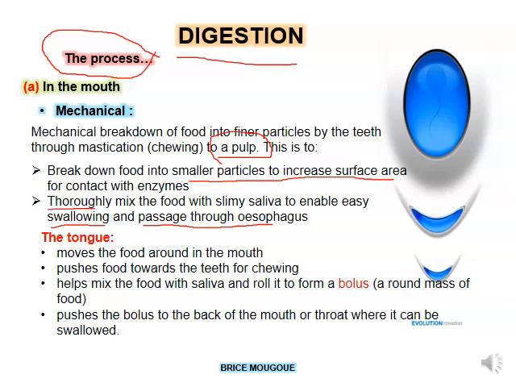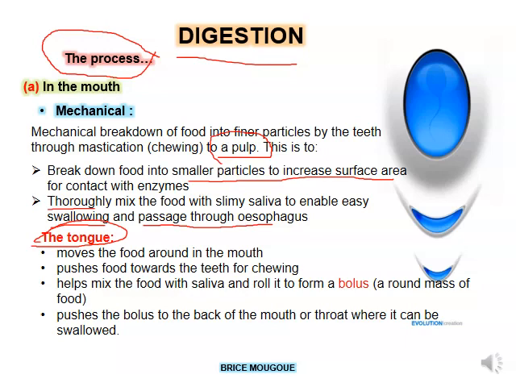And while that's happening, the tongue also plays a role in this mechanical breakdown, because it is the tongue that moves the food around the mouth always, and without you noticing, your tongue is always pushing the food towards the teeth, putting the food in between the teeth so that the teeth only go up and down or in semicircular motions so that they can crush the food.